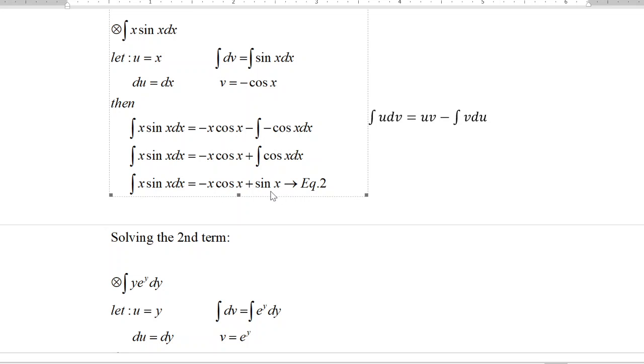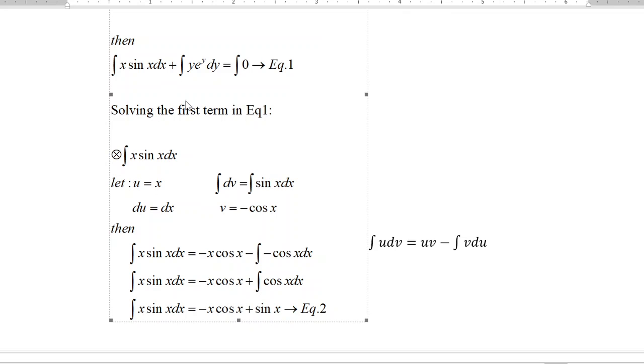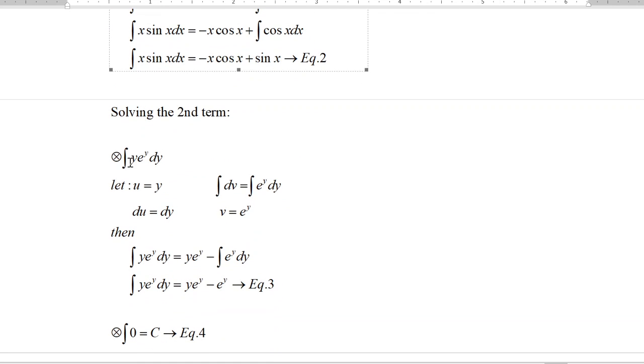And then let us solve the second term. That was only the first term. So the second term is the integral of y e^y dy. When we integrate y e^y dy, it is still integration by parts.